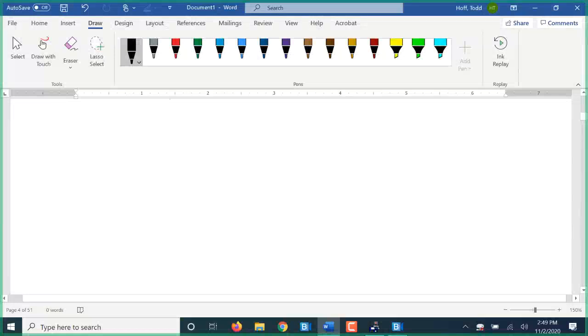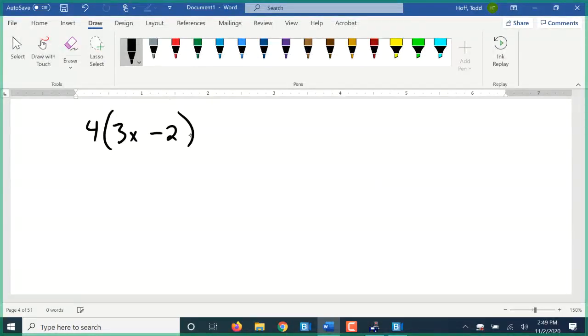We might have an equation like this with parentheses. 4 times 3x minus 2, minus 2 equals 50. So here, because of that extra term there outside of the parentheses, we can't just divide by 4 here.